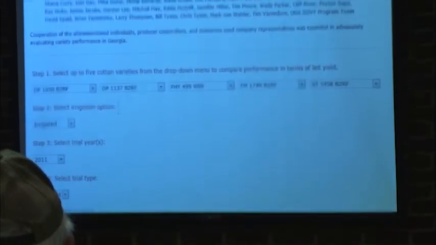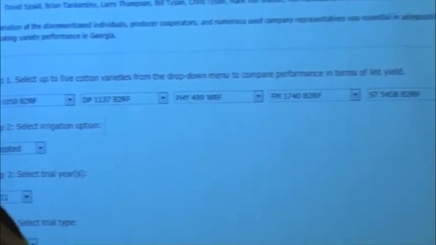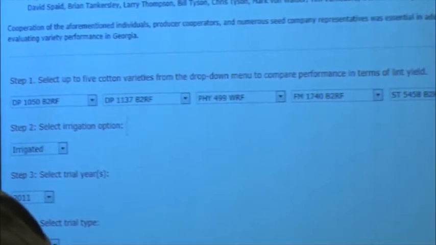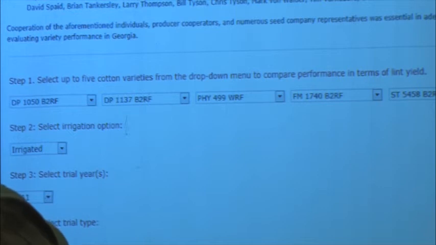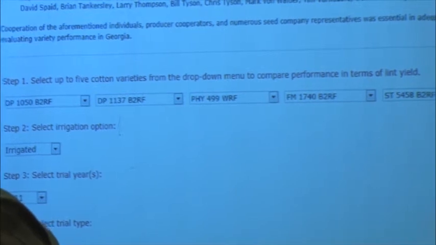Now, we always encourage growers to look at multi-year data whenever possible, and as you'll hear me mention later, I think that's going to be very important moving into 2013. And then select the trial type, and you're limited there to large plot on-farm trials or small plot OVT comparisons.